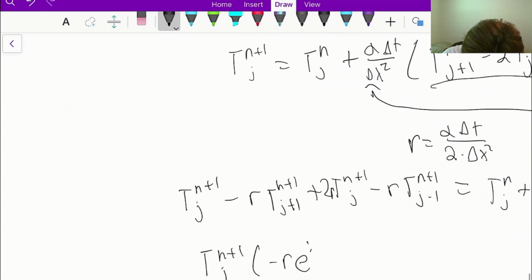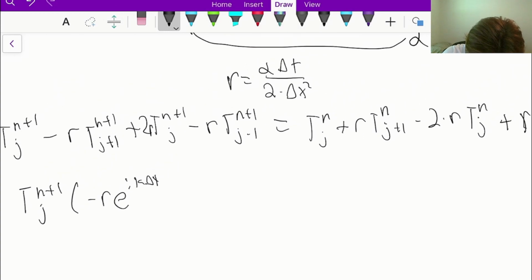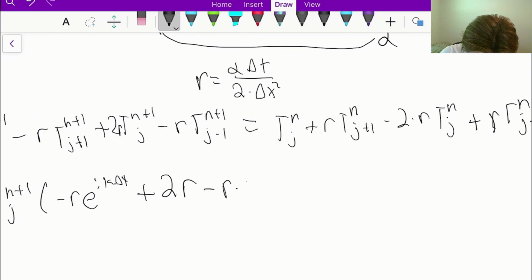and then it's going to be, I believe, k delta x. And then we're going to do plus, and this is just 2r. And then it's minus r times, since we're simplifying this, e to the negative, because it's j minus 1 here, I k delta x.